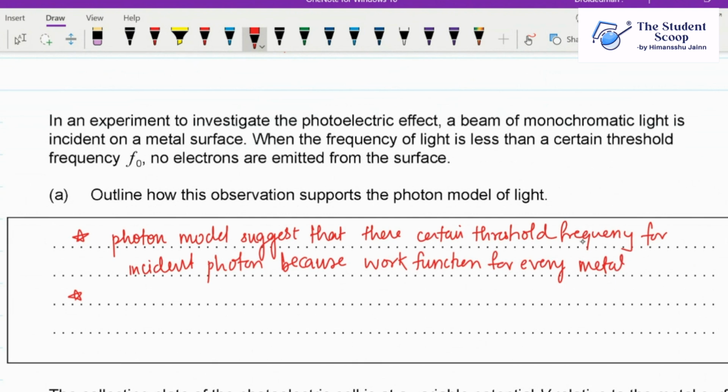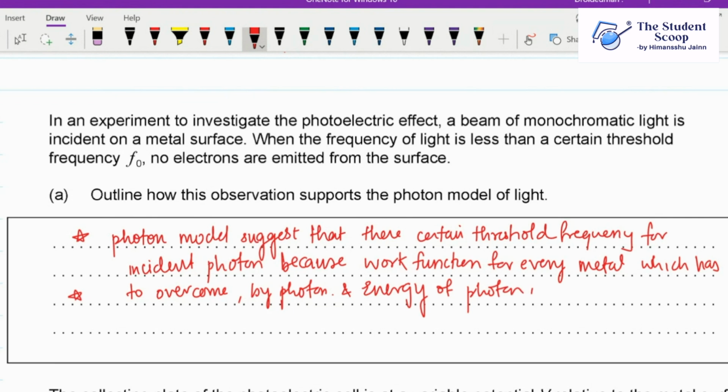This work function has to be overcome by the photon. The energy of the photon is directly proportional to frequency, not proportional to intensity.